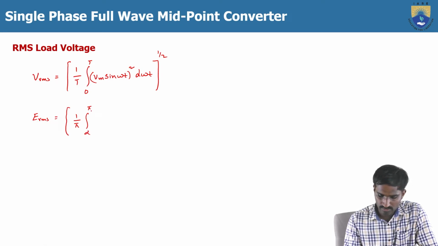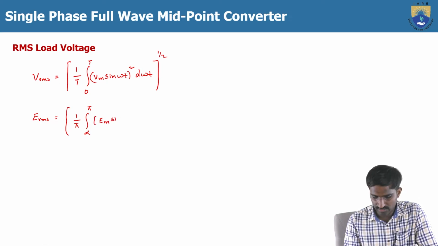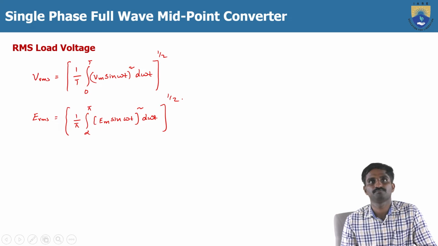Instead of Vm we have considered Em sine omega t, and the integral is of (Em sine omega t) whole square d omega t, whole to the power of 1 by 2.